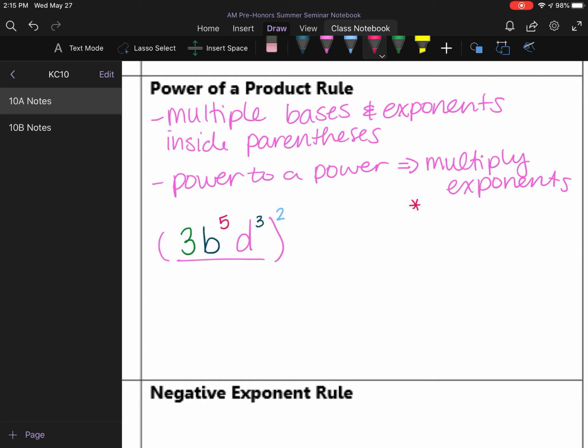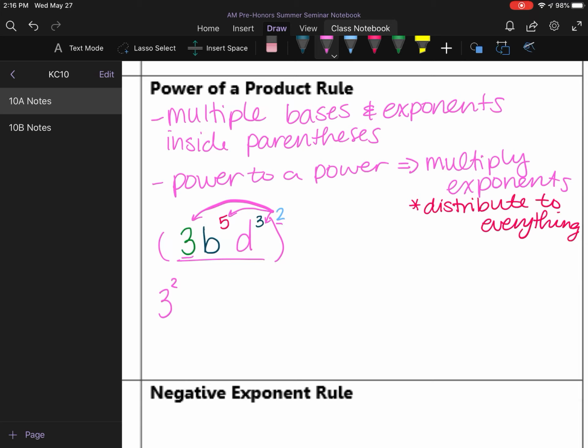We also have to say distribute to everything. Okay, so that's important. So you have to make sure you're taking that second power and you are distributing it to everything inside the parentheses. So taking the 3 and the 2, so we have 3 to the 2nd power.